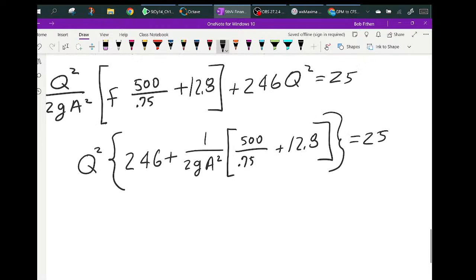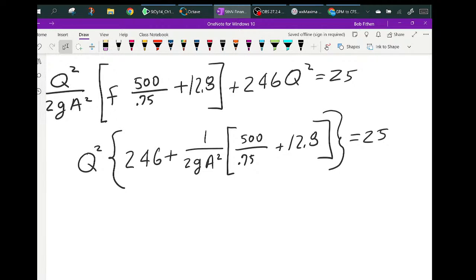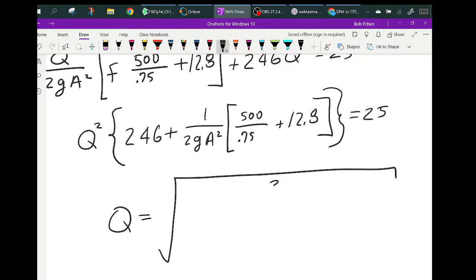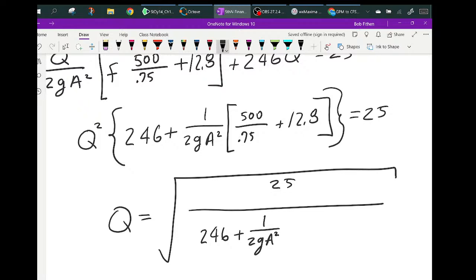Now, I guess I'll address the area after I combine terms. So I get Q is equal to, here we go, square root of 25 over 246 plus 1 times 2 the area squared.